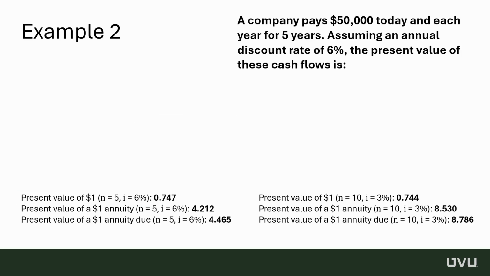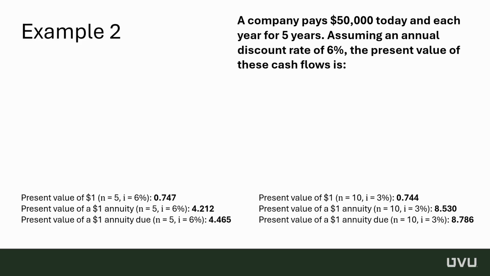Now let's look at example 2. Here, a company is paying $50,000 today and then makes equal payments each year. For this example, we will treat this as 5 total payments with the first payment occurring today. The important clue is that the first payment is happening today. That means this is not an ordinary annuity, it is an annuity due.